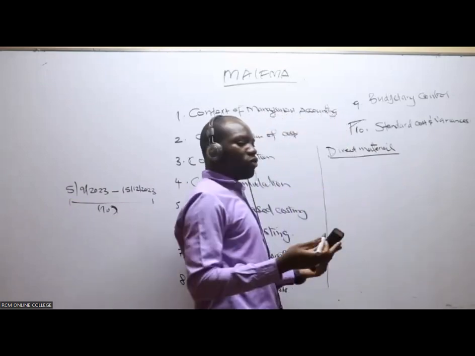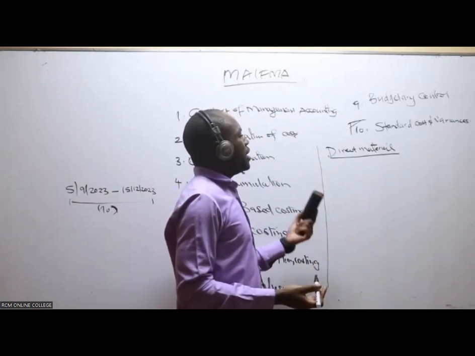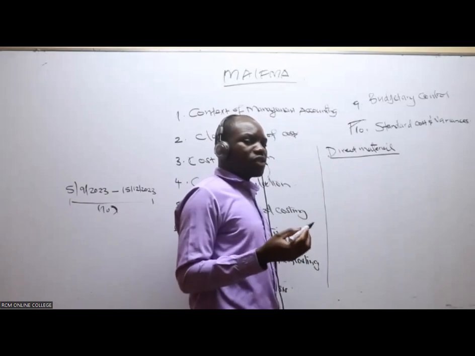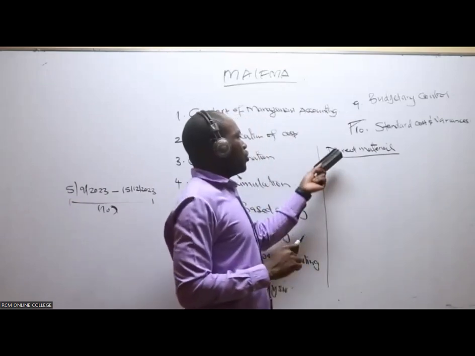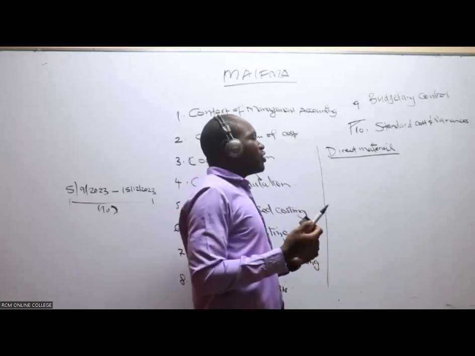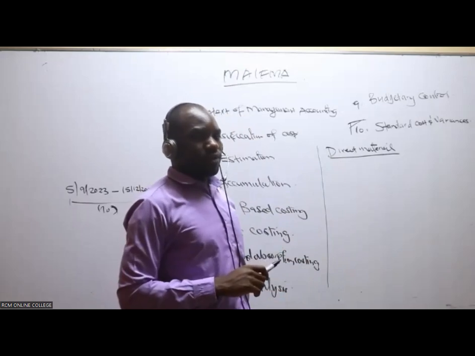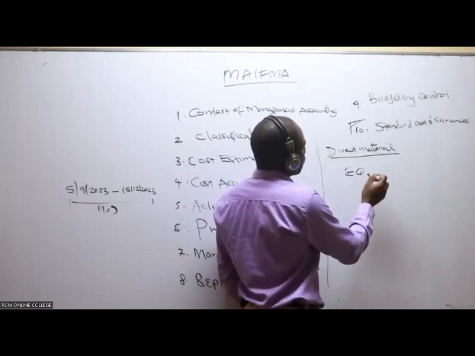I'm going to buy raw materials here, and I need to understand at what quantity I should buy them so that I don't incur a lot of cost when storing them, or miss business because I have insufficient stock. So we are going to do what we call economic order quantity.